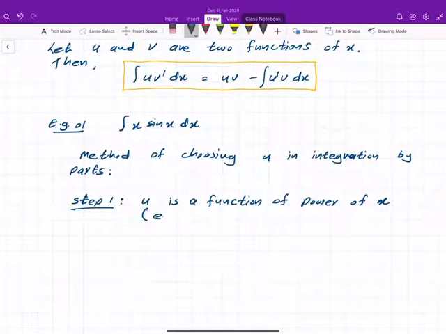What are the functions of power of x? You can think of functions like x. x is a power function of x, where the power is 1, or maybe x to the power 2, where the power is 2. Functions like that.